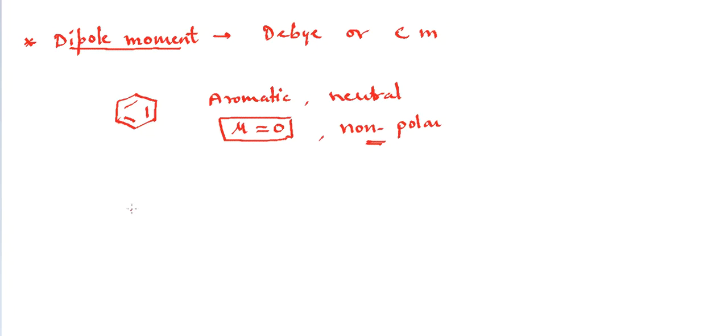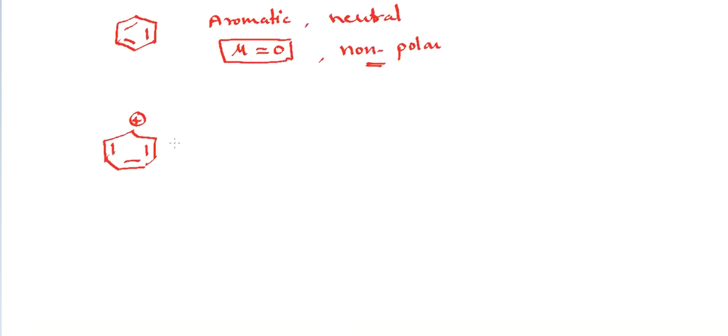Whereas if a molecule is aromatic but is not neutral, then let me explain how you can calculate the dipole. Let us say this is the case. Now this molecule, first of all, let us find out whether it is aromatic or not. The aromaticity can be checked by these things, that is, it is cyclic, then it is planar as well because all the carbons are sp2 hybridized, then it is completely conjugated as per the conditions.